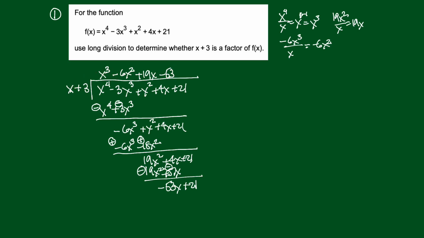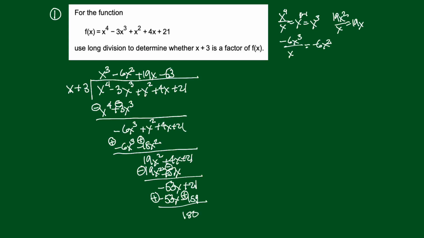So bring that down here, negative 53x, and negative 53 times 3 is negative 159. I'll get minus 159. Now, subtract, so change the signs, plus and plus. So the 53x's go out, and then I have 21 plus 159, which is 180.